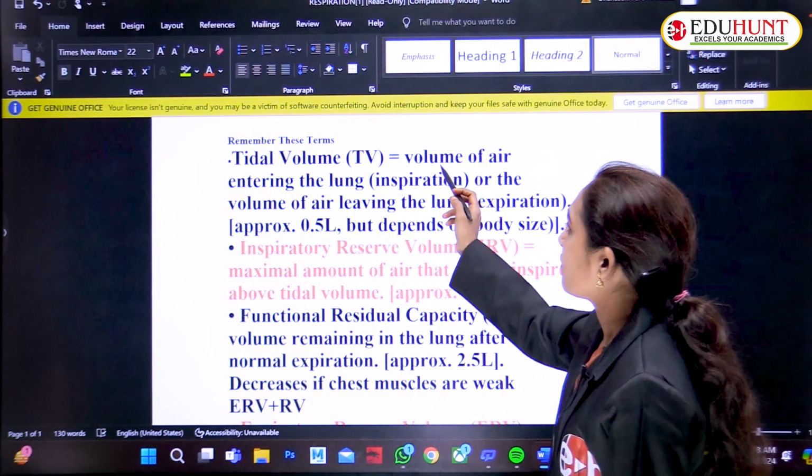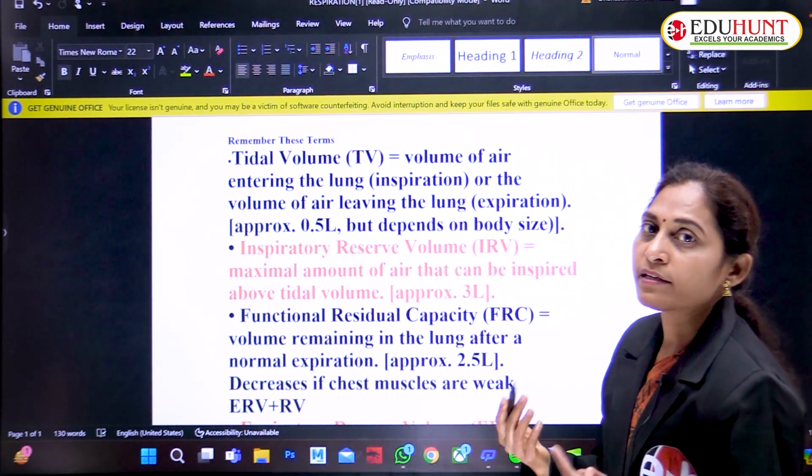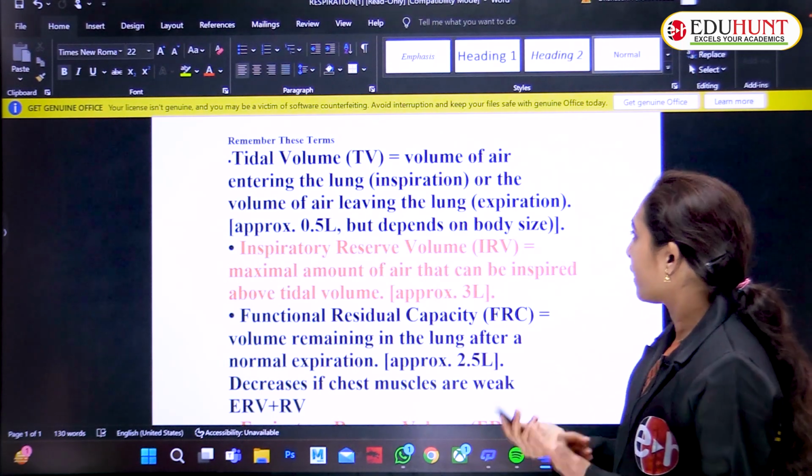Remember, it is the volume of air entering in while inspiration or leaving out while expiration.